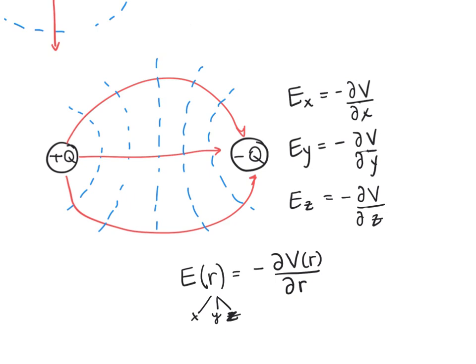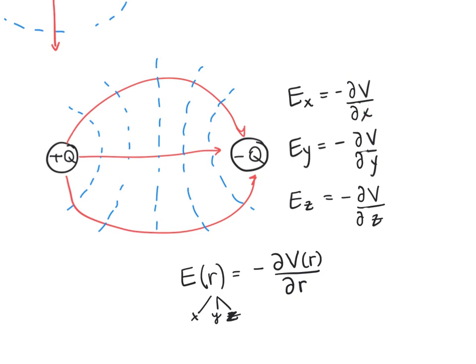So as you take the partial derivative of the electric potential function with respect to x, you're going to treat all other variables as constant and only differentiate in terms of x.